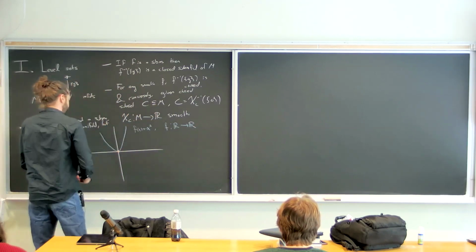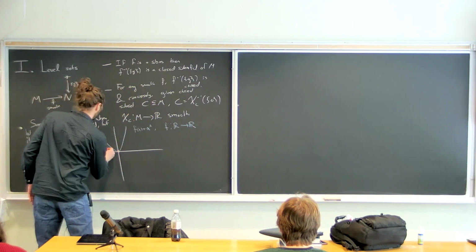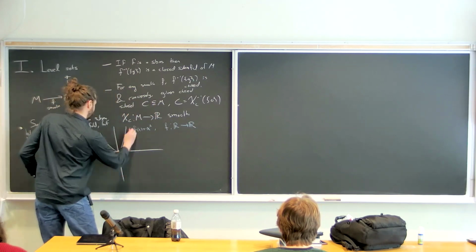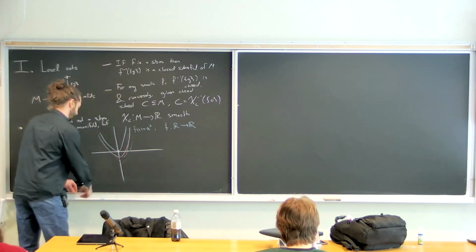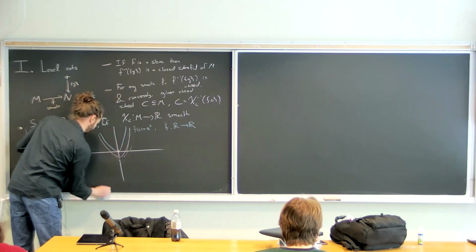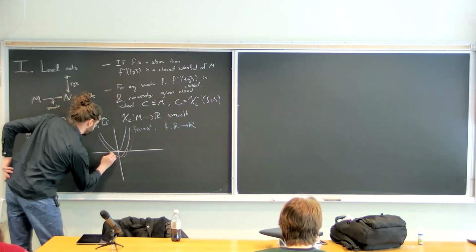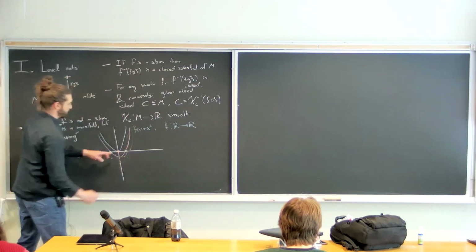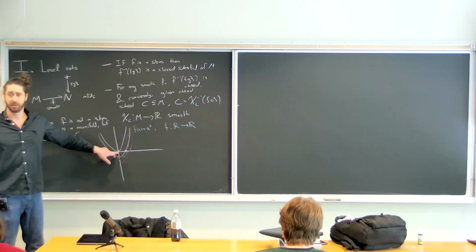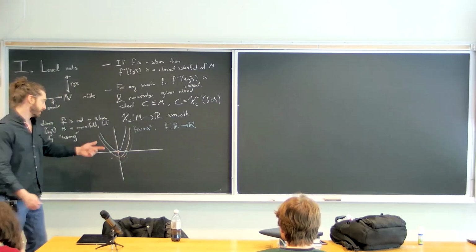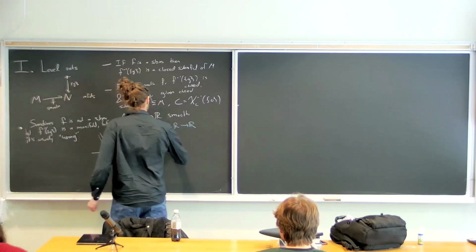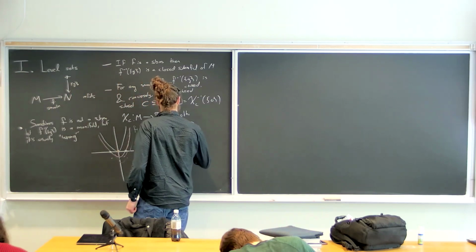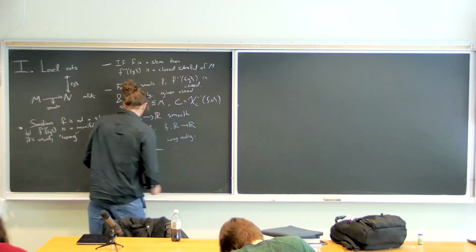But generically, if I were to look at another parabola slightly down, then I would have two points of intersection. So really, this point should be counted twice somehow. It's a double root. So we get the wrong counting here.